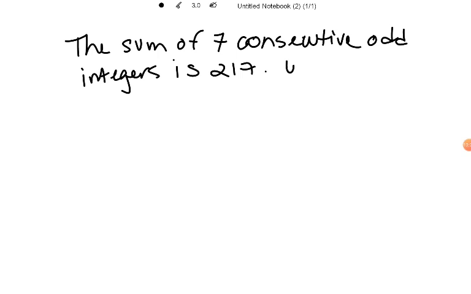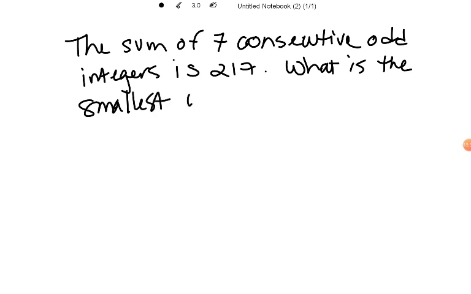That's what is the smallest of the integers. So we have 7 consecutive odd integers.